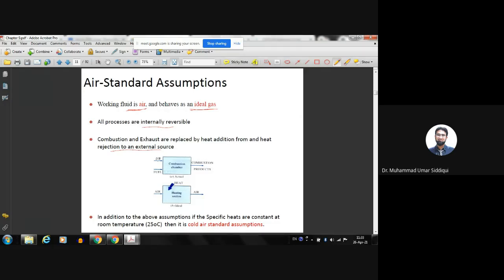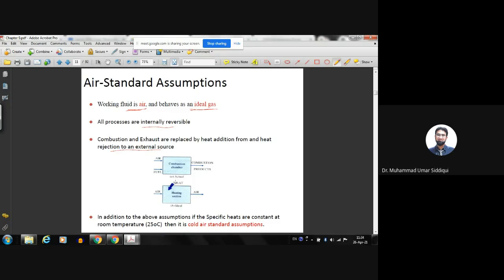There are a lot of processes that occur inside this combustion chamber, but we are just going to simplify all of this: air is going in, heat is added to the air, and then air is going out. We are just simplifying this in this chapter, because we don't need to go into the combustion details at all. We just need to know that there is some amount of heat added to the air, which is a working fluid.